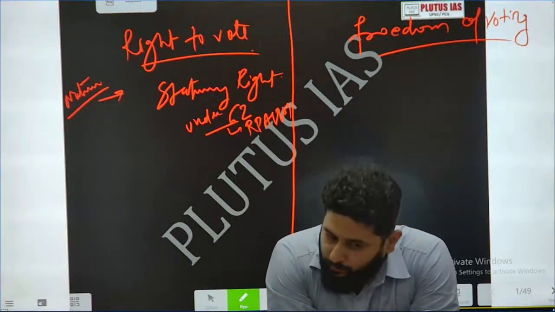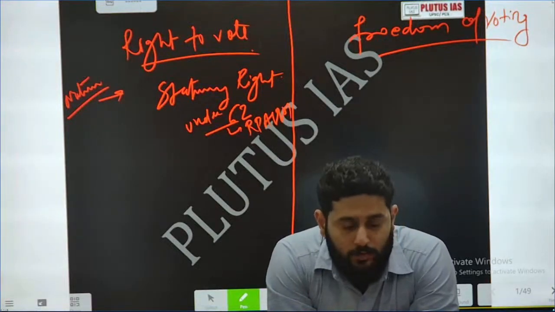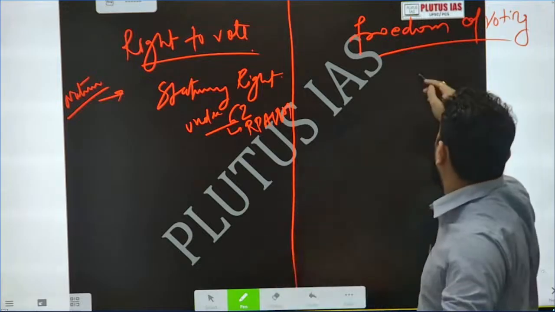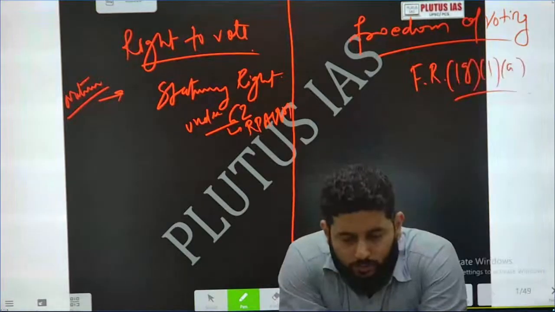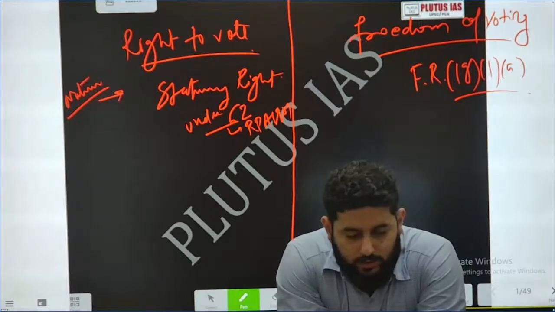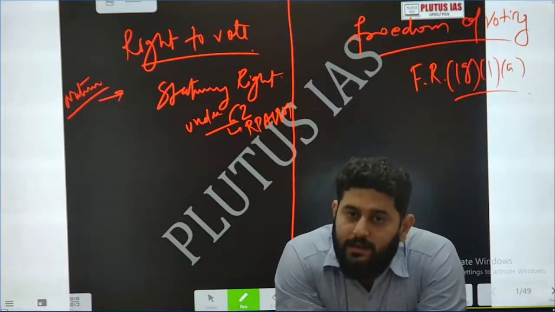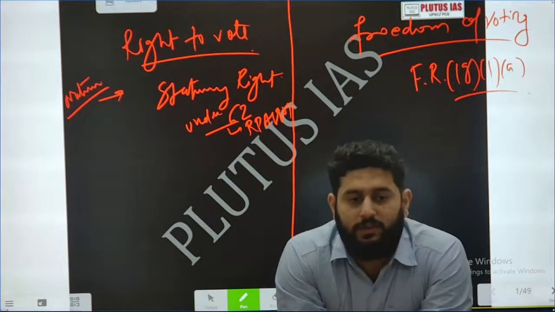And what about the freedom of voting? It is under the fundamental right of Article 19(1)(a). Everyone understood the nature; let's connect this with the meaning of these things.